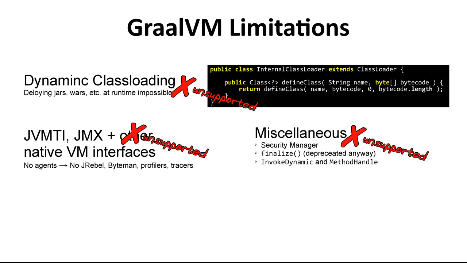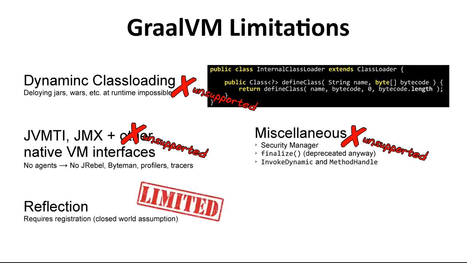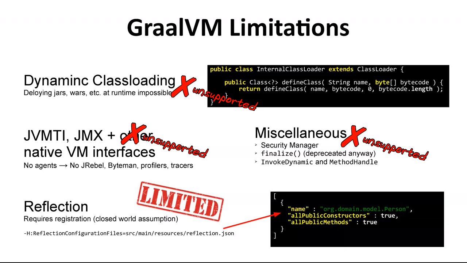Graal has some other limitations that in reality didn't affect us, meaning that it cannot run some native virtual machine interfaces, and it doesn't allow a security manager. It does support finalize, which anyway is deprecated, and stuff like this. This really didn't affect us. What did affect us a lot is that you cannot have reflection.